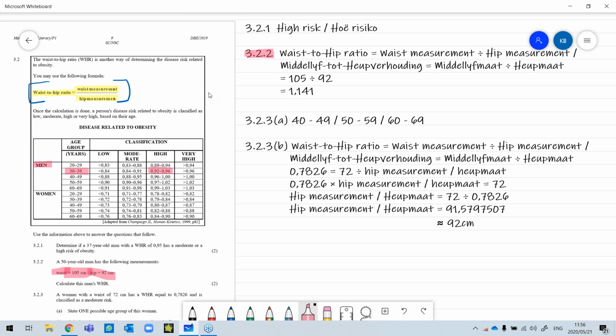So 105, the waist measurement divided by the hip measurement of 92 gives you an answer of 1,141. Now we can round that off to an answer of 1,14.